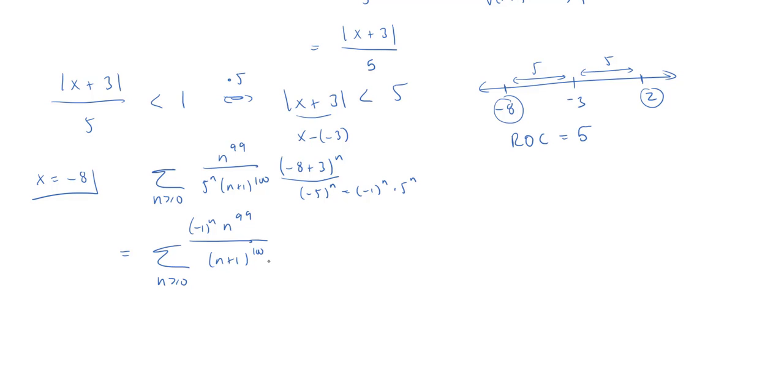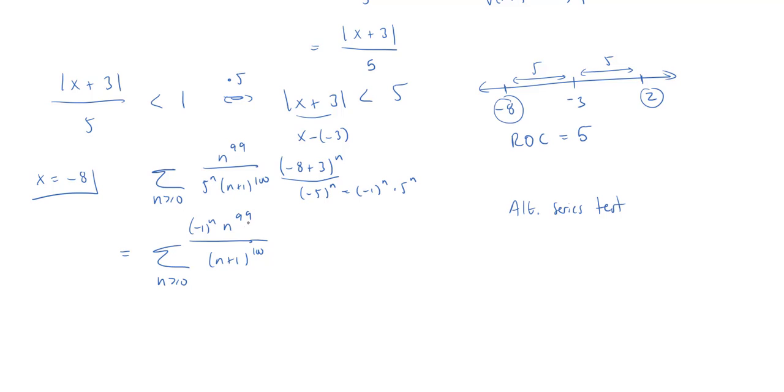Hey, that's actually not terrible. It's also not immediately obvious what we're supposed to do with this. But it does have an alternator, and when we see an alternator, maybe the alternating series test isn't terrible. To use the alternating series test, we need two things to happen.